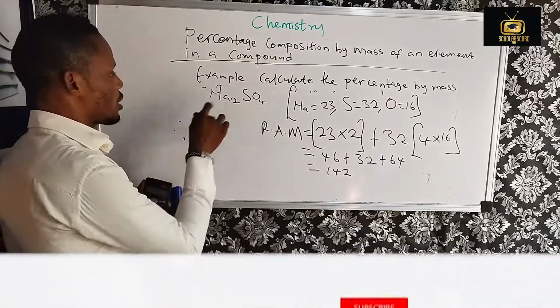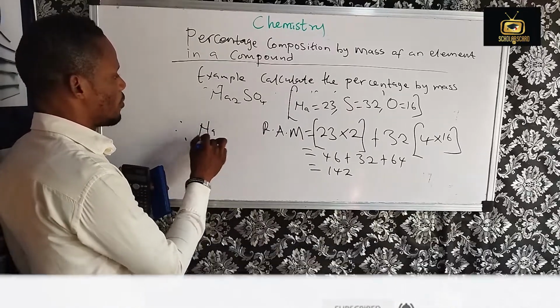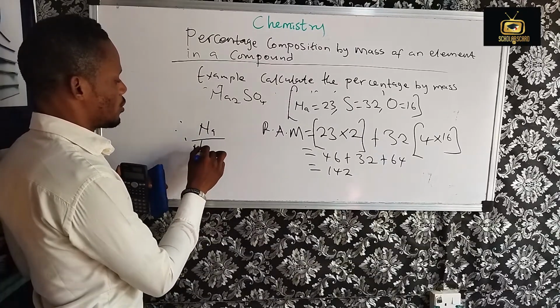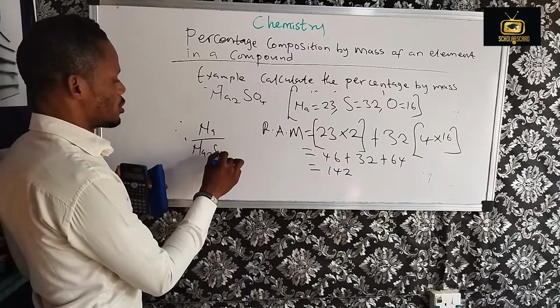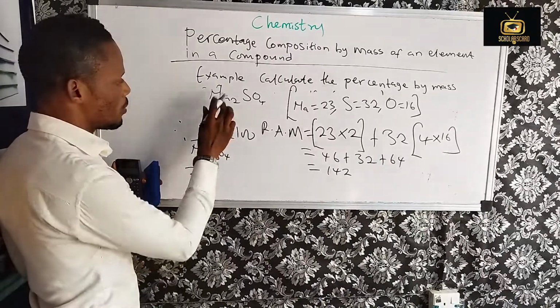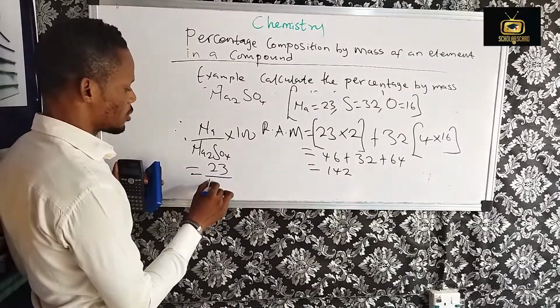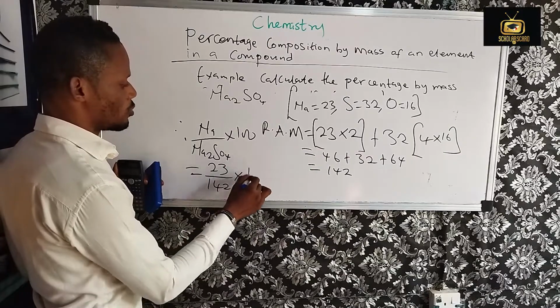Therefore, we also calculate the percentage of sodium. Write the formula all over the compound. The mass of sodium, 23, all over the relative atomic mass 142, times 100.